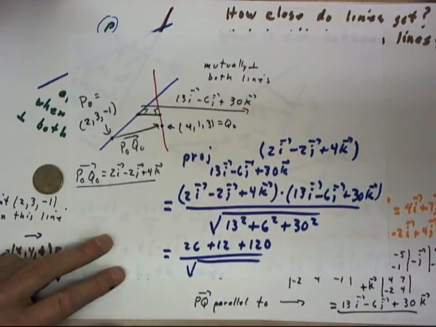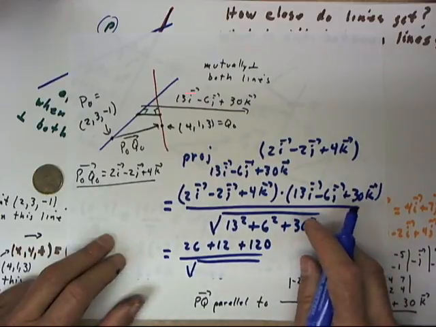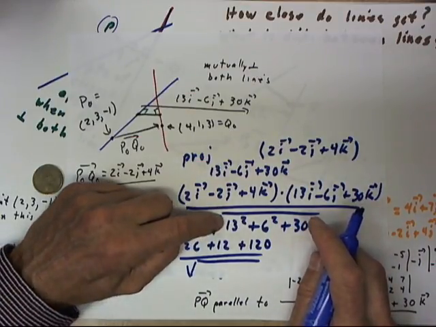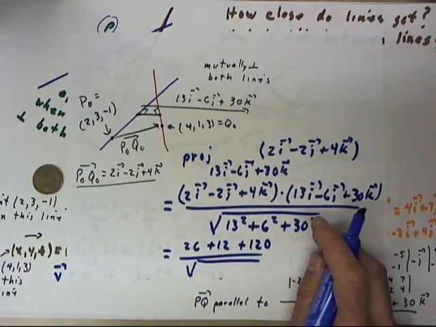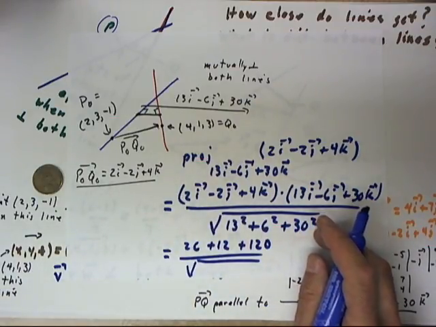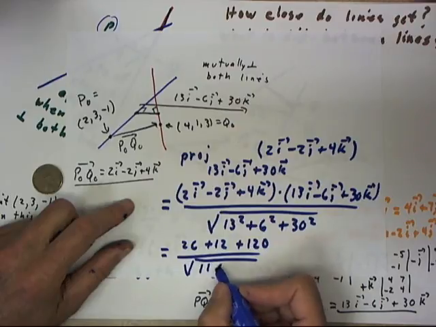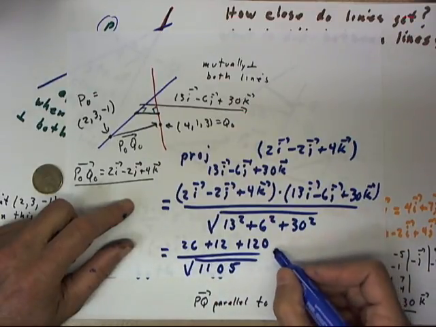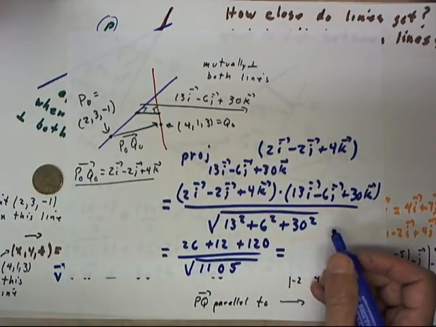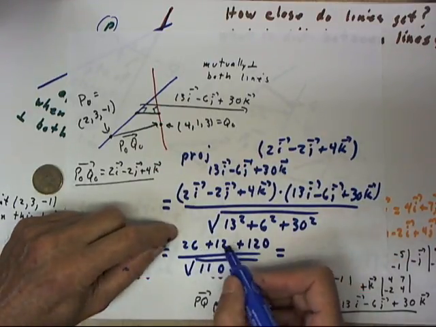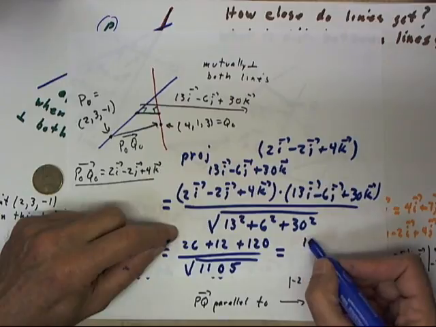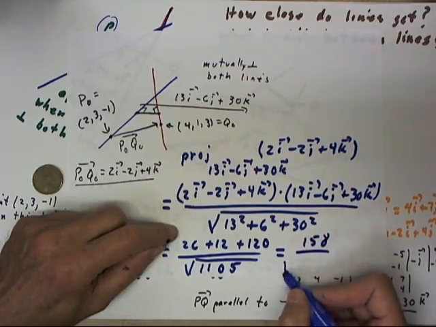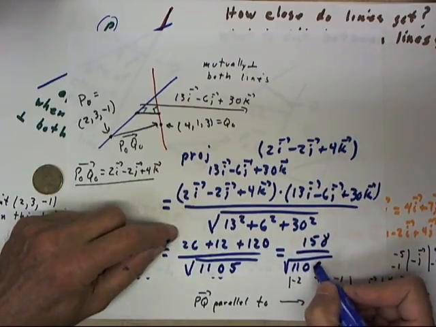Dividing that by the square root of what we get here. 30 squared is 900, 13 squared is 169, so that's 1069, and if we add 36, I think we get 1105. So adding these up, we get 38 and 120 is 158 over the square root of 1105.